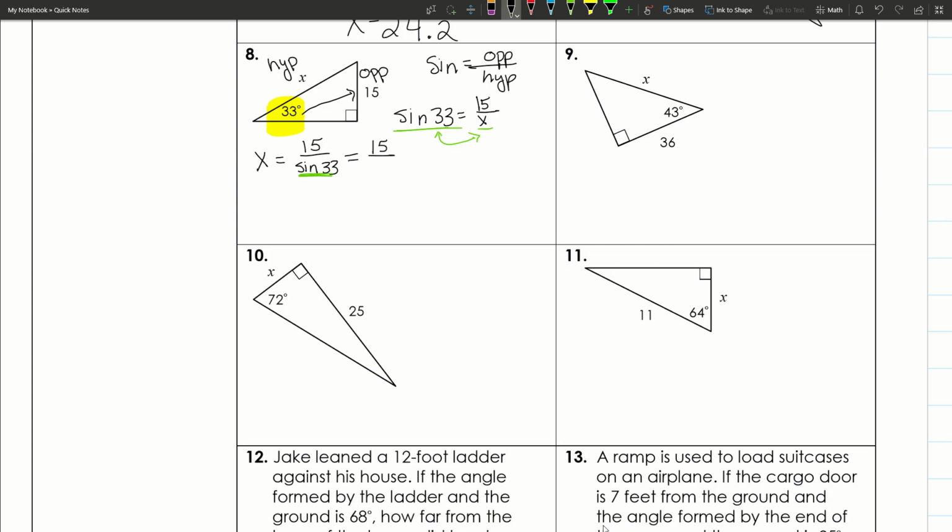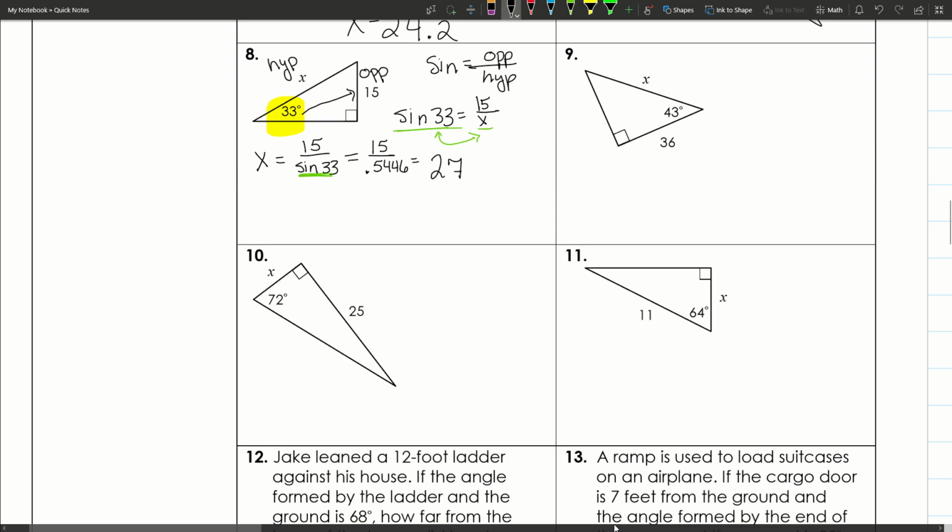So we have 15 divided by 0.5446, and then we type that into the calculator. 15 divided by 0.5446, and I end up with 27.4. Done.